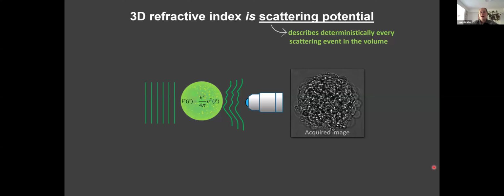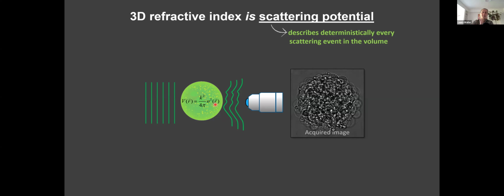So if you think about 3D refractive index, it's often called the scattering potential. This is the scattering potential equation. It's basically just the 3D refractive index with some scaling factors. The 3D refractive index is the scattering potential because if you have the map of the 3D refractive index of the sample, then it deterministically describes how light scatters through the sample, from one side to the other.